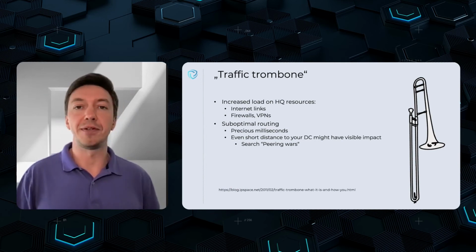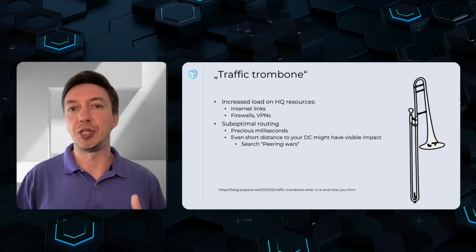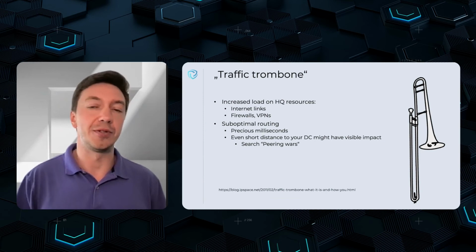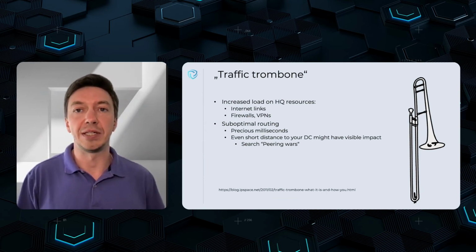And I suggest you search for the thing called peering, using your favorite search engine. Sometimes when you do a traceroute between two adjacent buildings, your traffic might go through a foreign point of presence or foreign internet exchange, simply because internet providers want it to be this way. That's cheaper for them, or that's how their traffic policy works, and so on and so on.